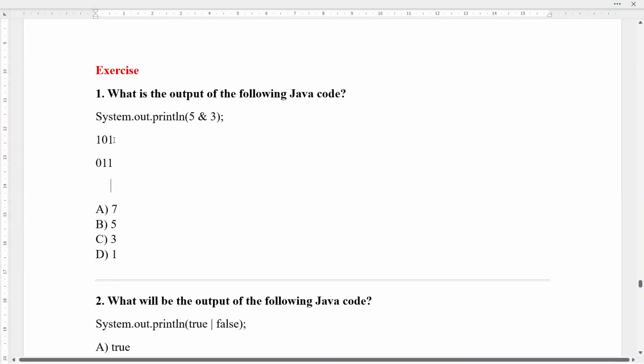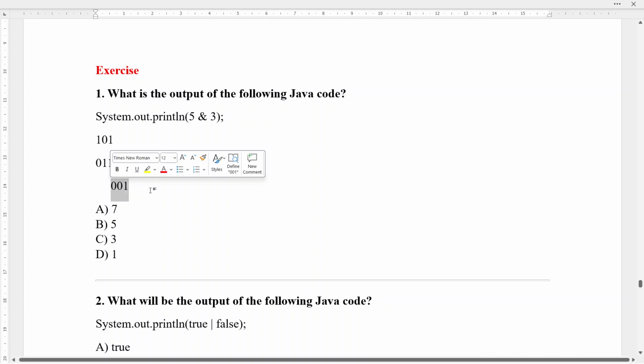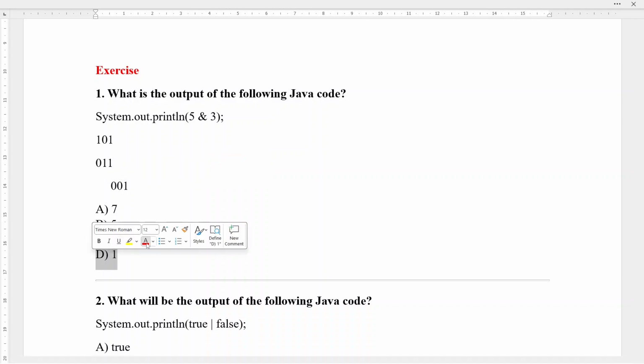We go from right to left. 1 and 1 returns 1, because both the bits are the same. 0 and 1, both the bits are different, so it returns 0. 1 and 0, both the bits are different, so it returns 0. So 001 is the result, and the decimal representation of 001 is 1. So option D is the correct answer.